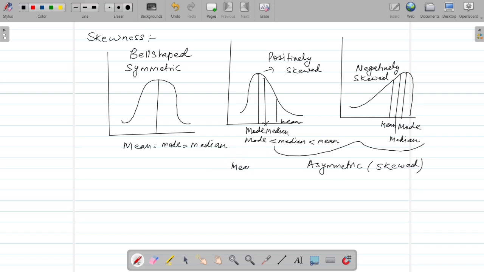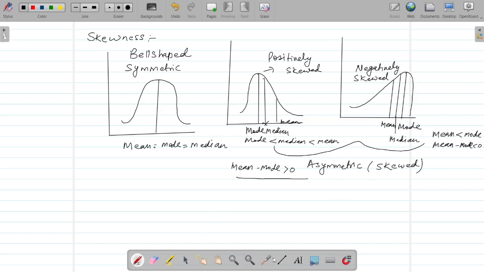So if you have mean minus mode difference positive, then we call it positively skewed. And here, your mean is lesser than mode. That means mean minus mode is negative. So this is negatively skewed.